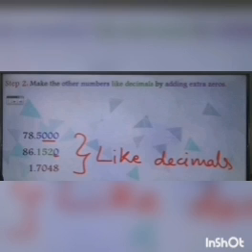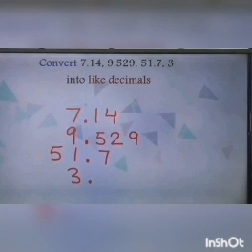Now can you convert 7.14, 9.529, 51.73 and 3 into like decimals? Write all the numbers one below the other. 3 does not have a decimal point because it is a whole number, and I can add a decimal point after the 3. What is the number with the highest number of decimal places?